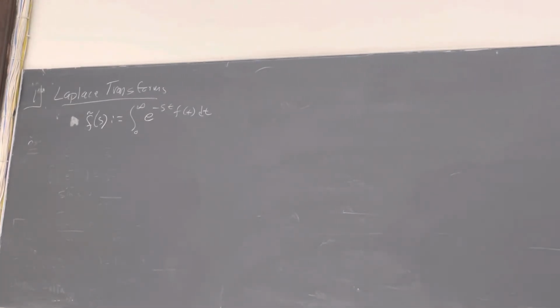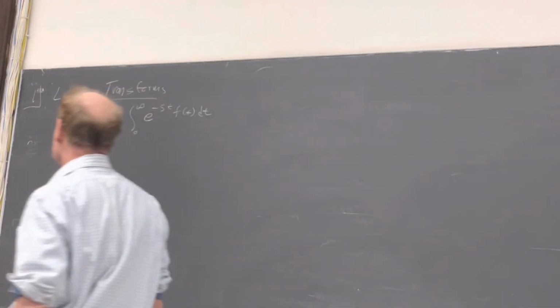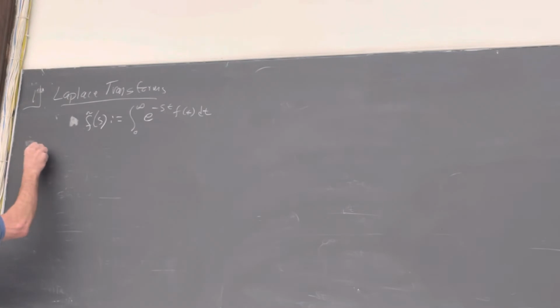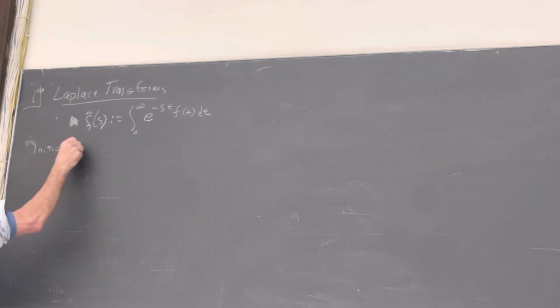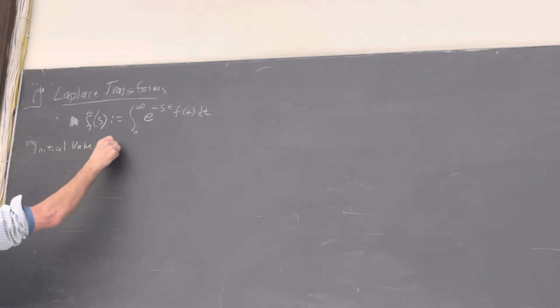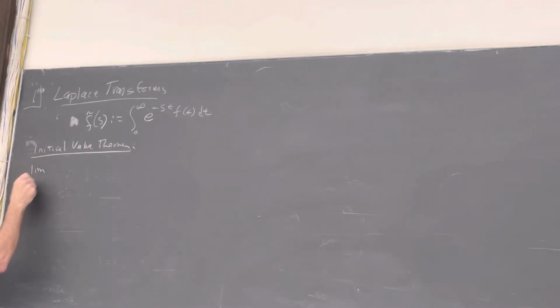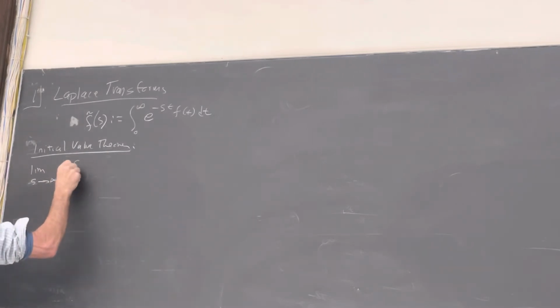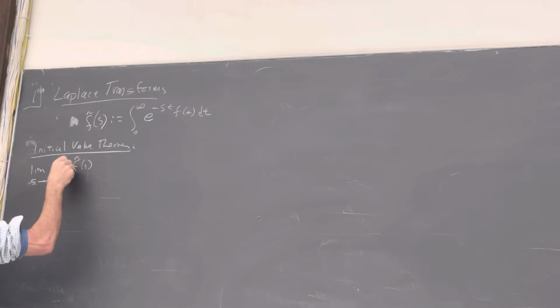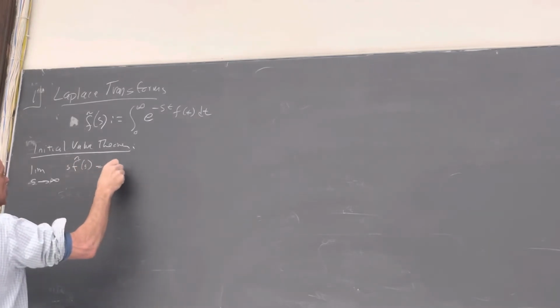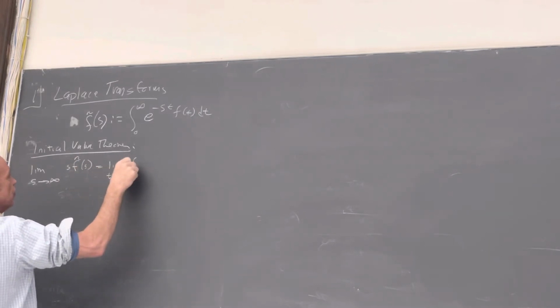Okay, so now that we have the final value theorem, we need the other thing, which is the initial value theorem. And this says the limit as s goes to infinity of s f tilde of s is the limit as t goes to 0 of f of t.